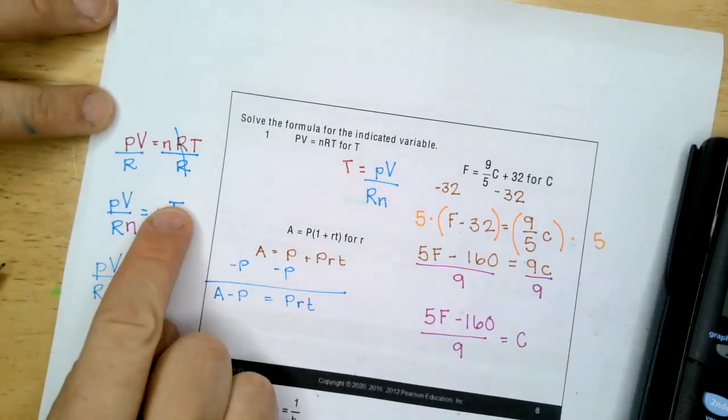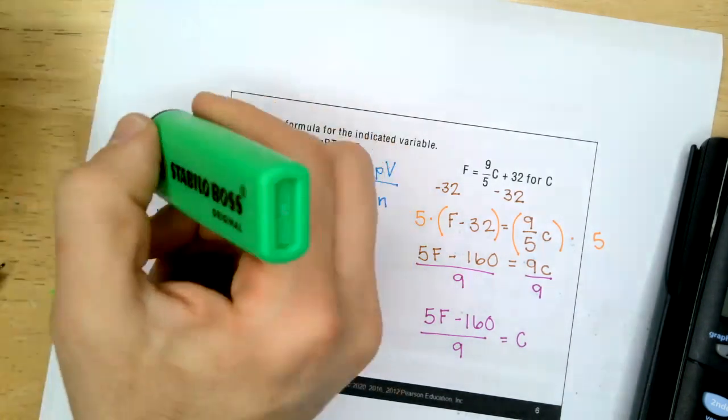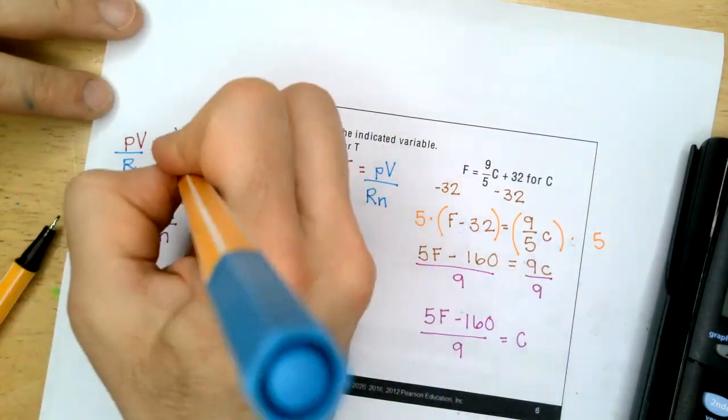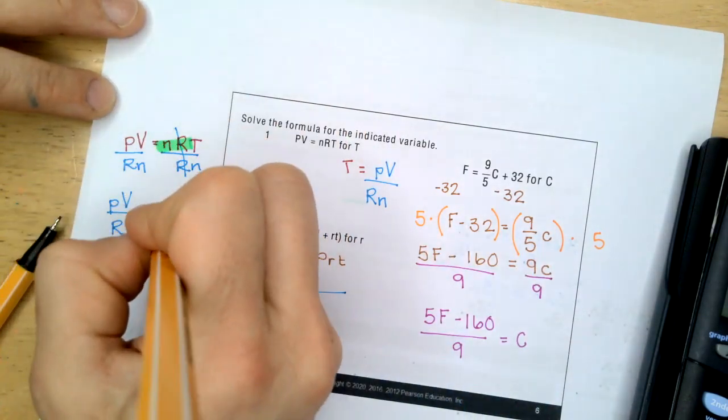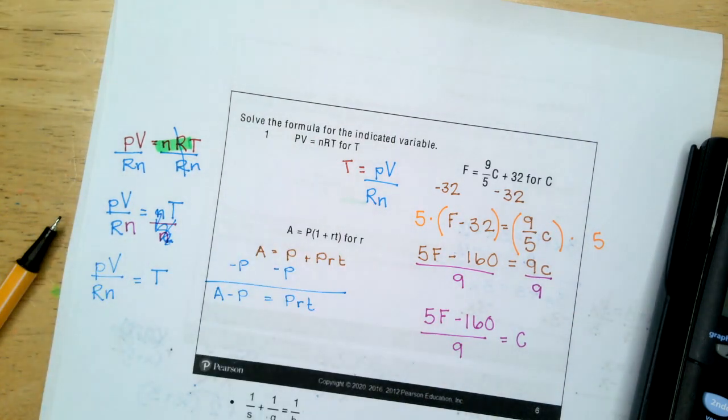I didn't like my example here where I went one by one. If T is being multiplied by N and R, just move them both at the same time. Good?